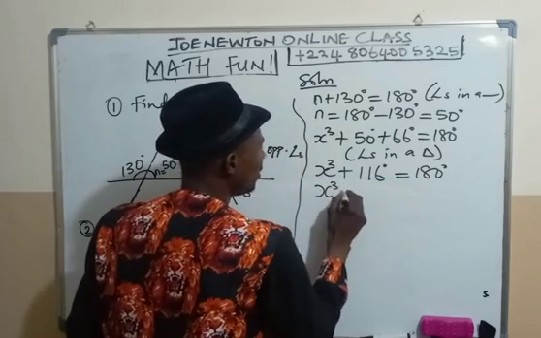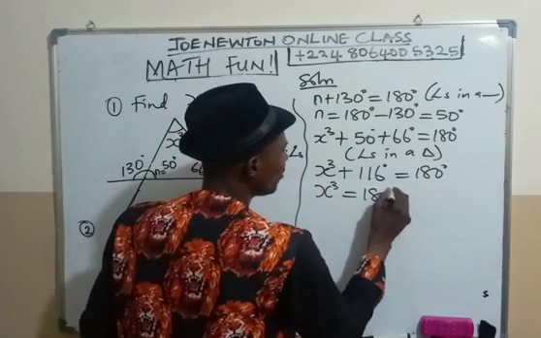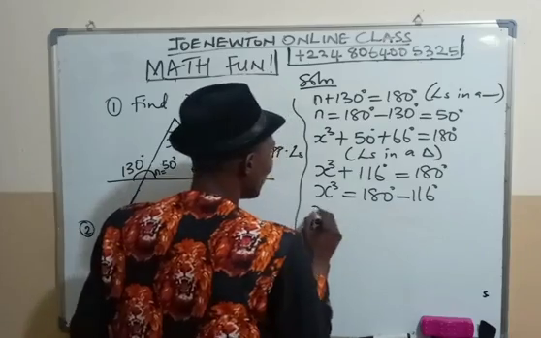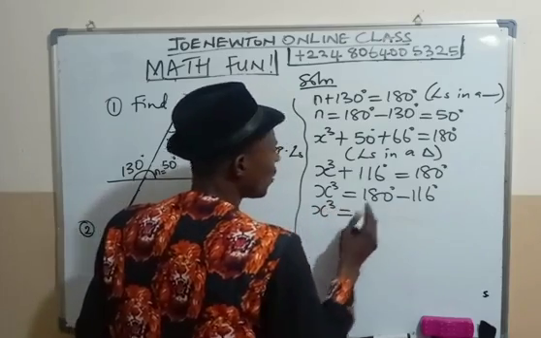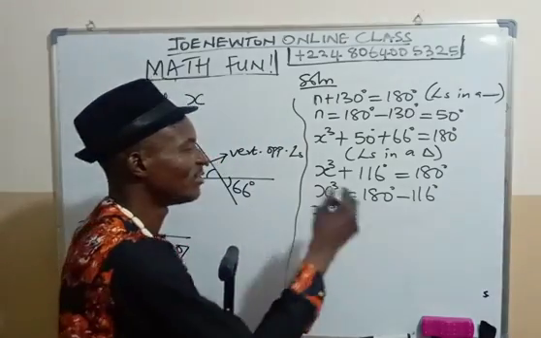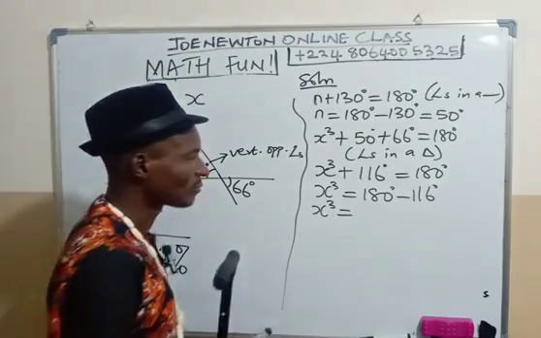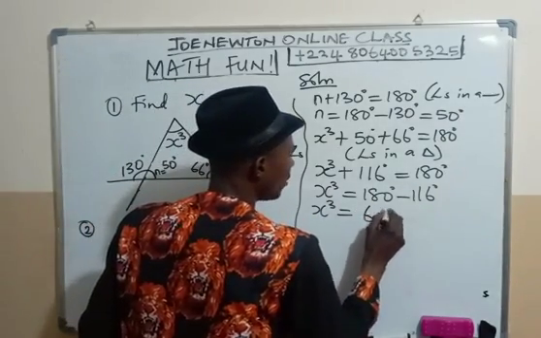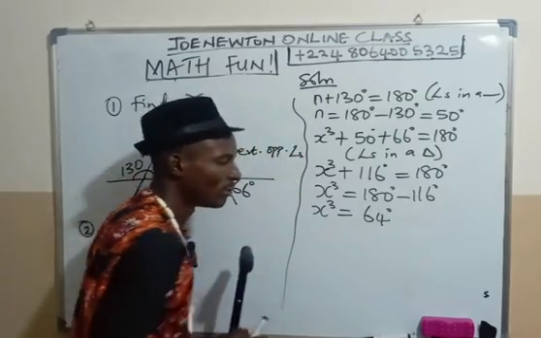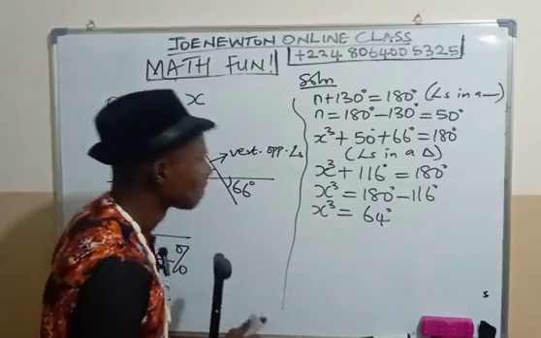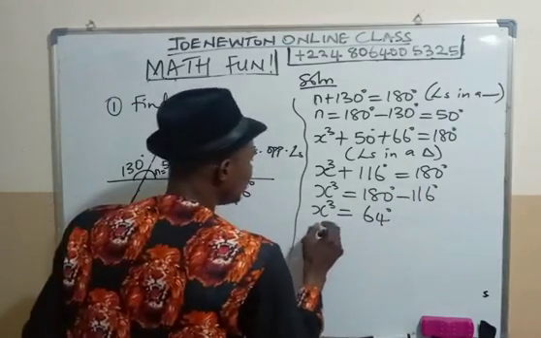Therefore, x cube is equal to 180 degrees minus 116 degrees. x cube is equal to 180 minus 100, remain 80. 80 minus 16, you have what? You have 64. So here is 64 degrees. Very simple, because 64 plus this will give you 180. Okay? Then, we now continue.